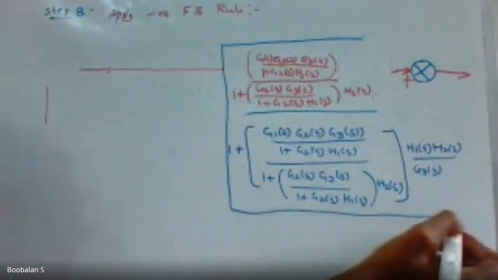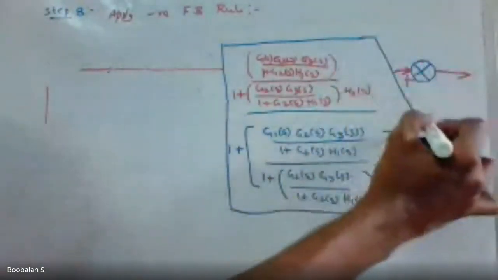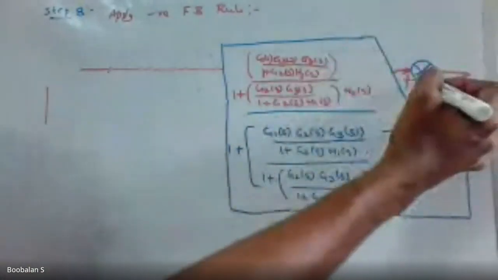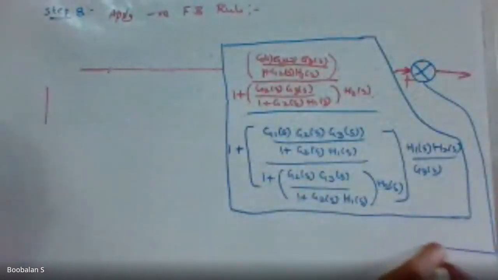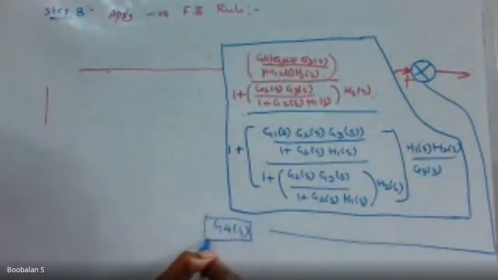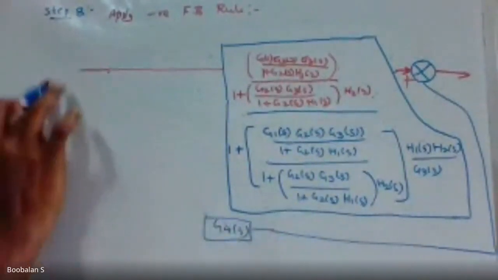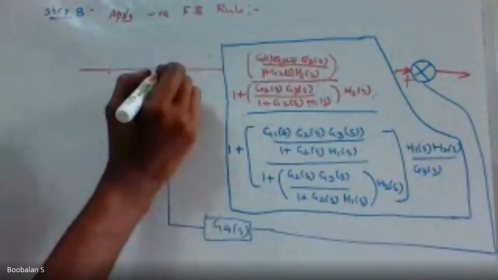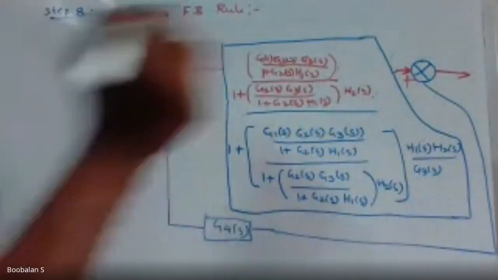Yes. இது கூட என்ன இருக்கு, ஒரு parallel form இருக்கு. That is what my G4 of S. Still it's now pending. G4 இருக்கு. G4 of S in both are parallel, right? So plus, இதுவும் plus.